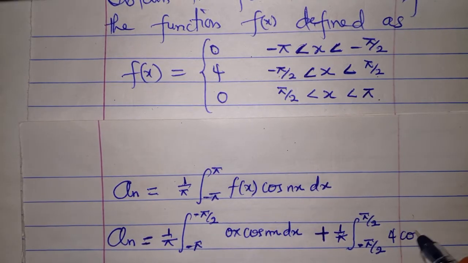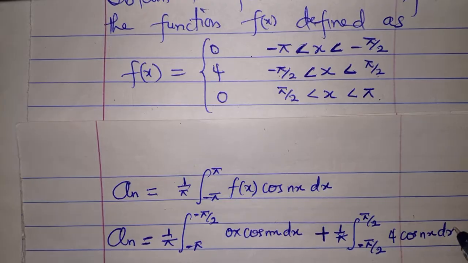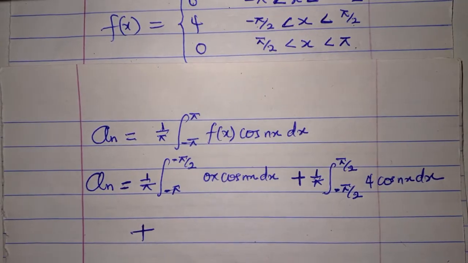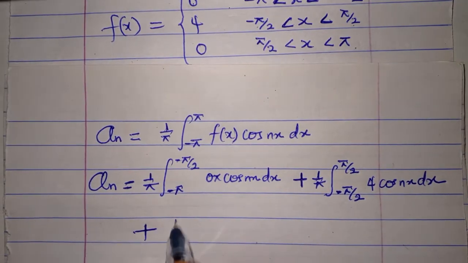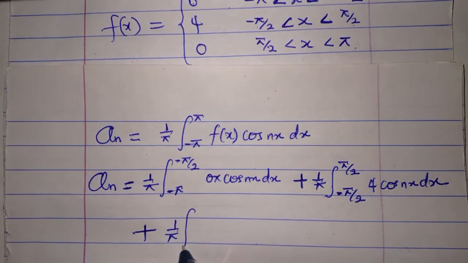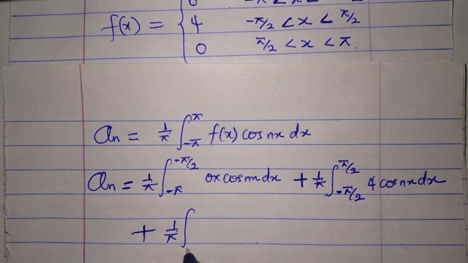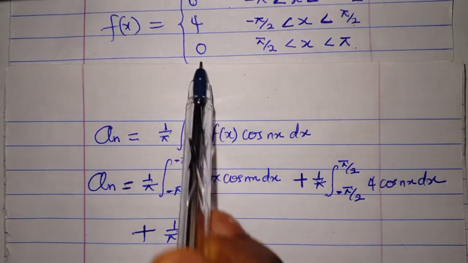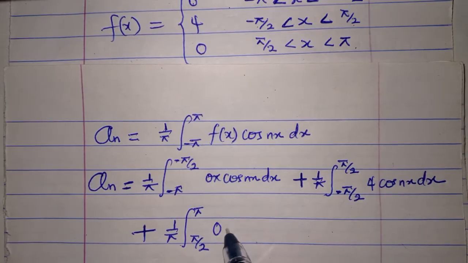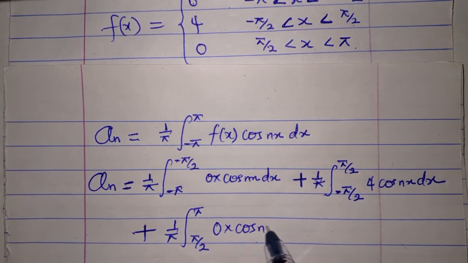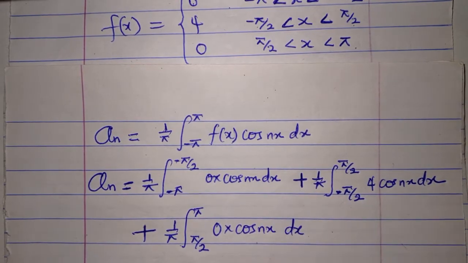That's 4 cos nx dx, plus the last one, 1 over pi times the integral from pi over 2 to pi, where f of x is 0, so 0 times cos nx dx.